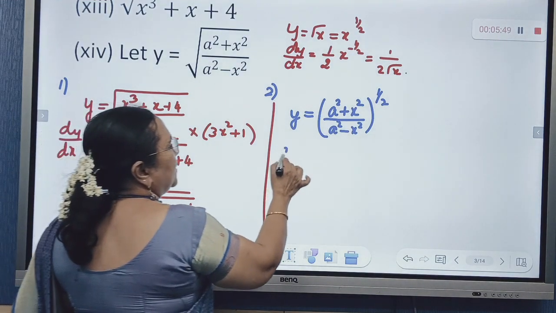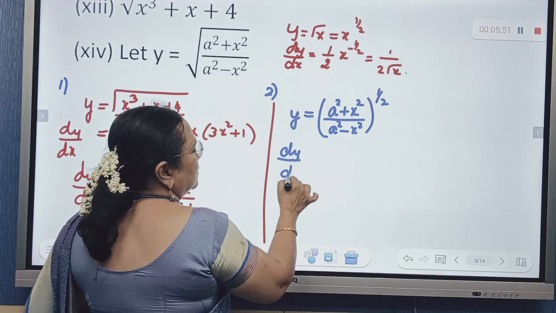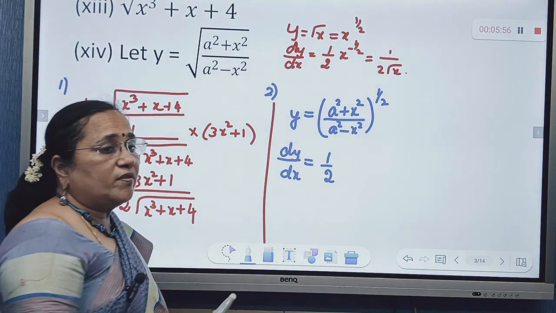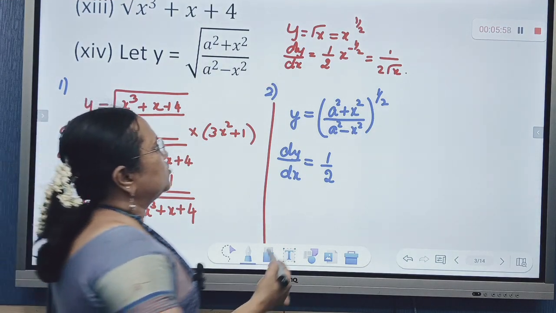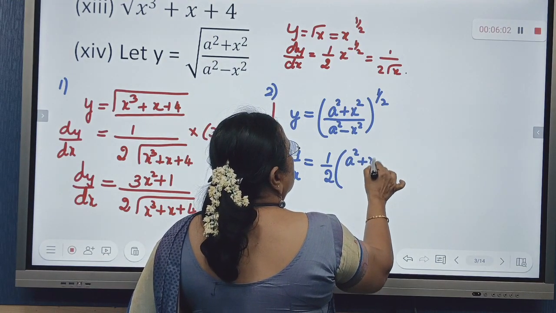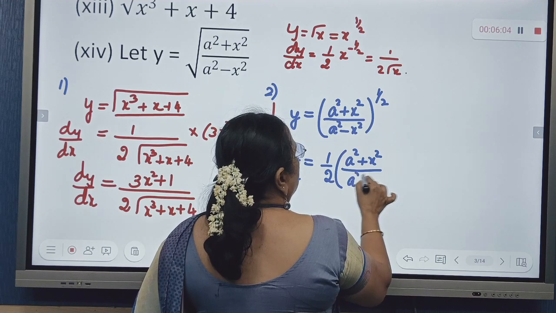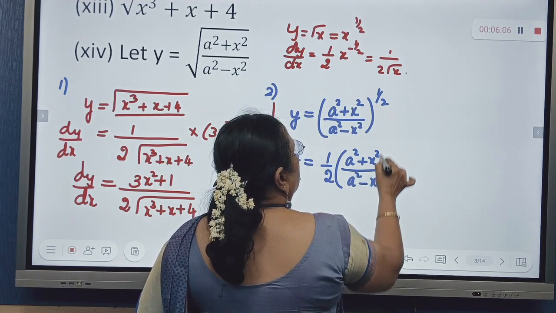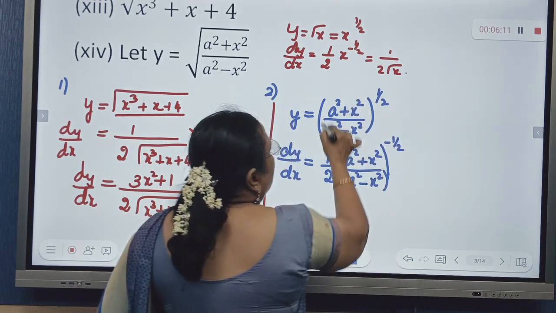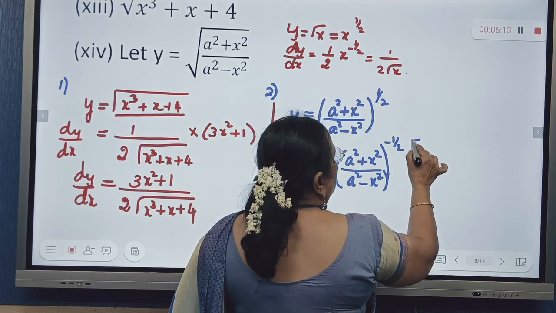So dy by dx will be half into, if I differentiate x power n, what will I get? N x power n minus 1. So this will be half into a square plus x square by a square minus x square to the power minus half into derivative of this.